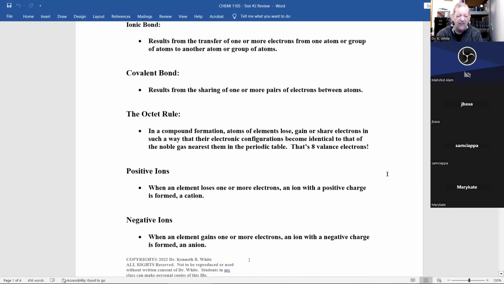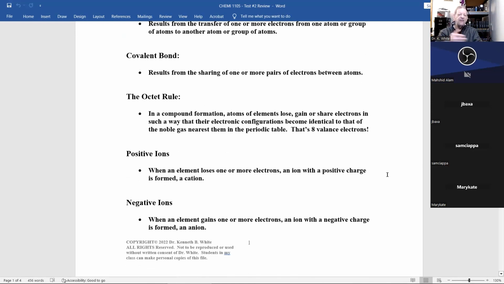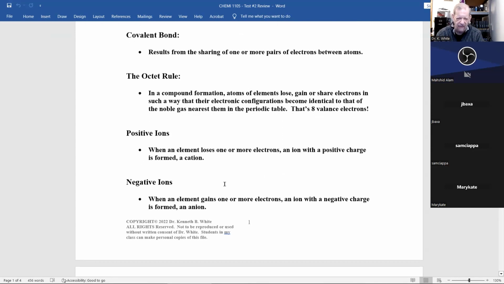Now, I talked about the octet rule. I'll never ask on a test what the octet rule is. It is where elements lose, gain, or share electrons in such a way that they have 8 valence electrons, which makes them very stable. One way of doing that is either gaining or losing electrons.